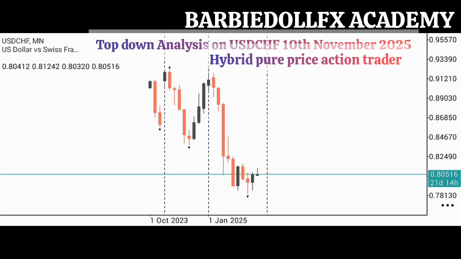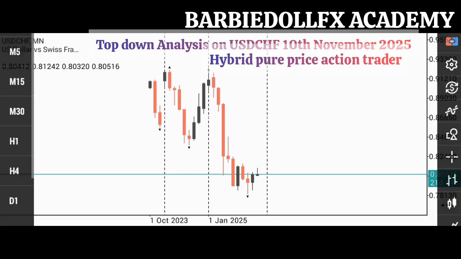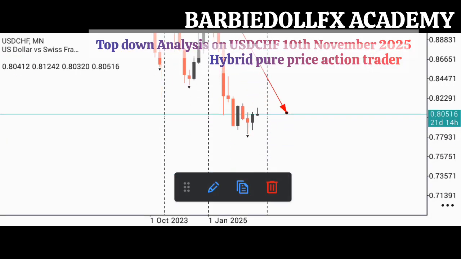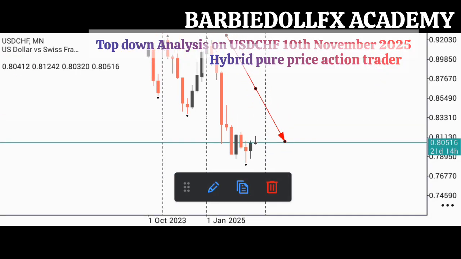On the monthly time frame, we can all see that price has been on a downtrend for 11 months now. From the beginning of the year, when price took out this high, the last candle of 2024 in December, price has been moving down.